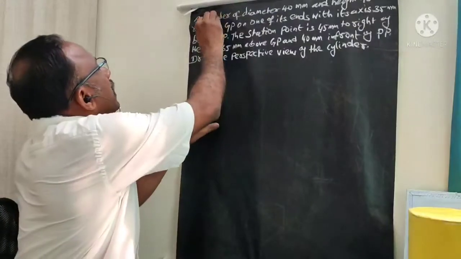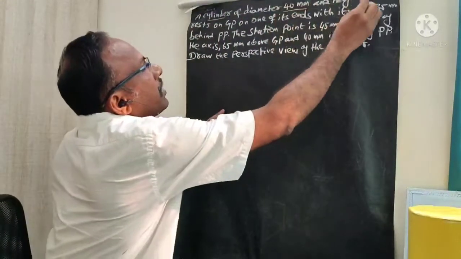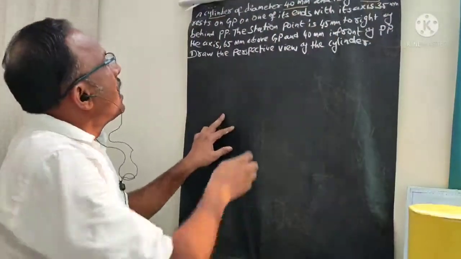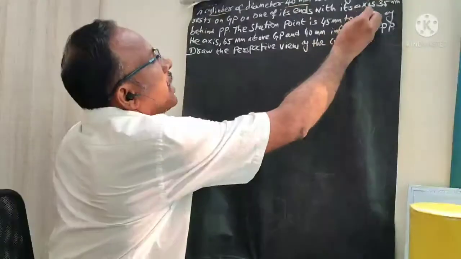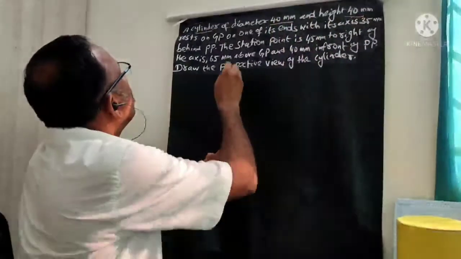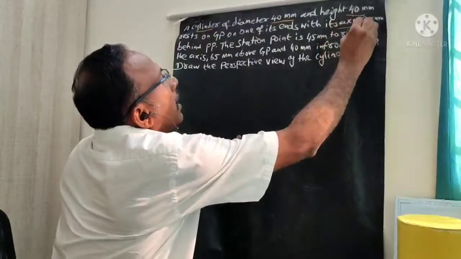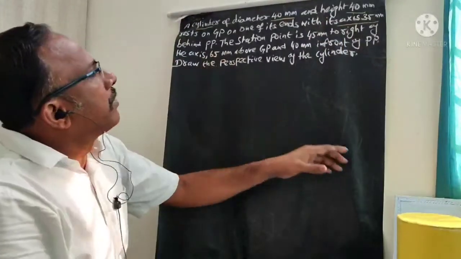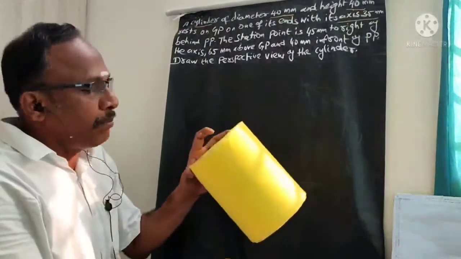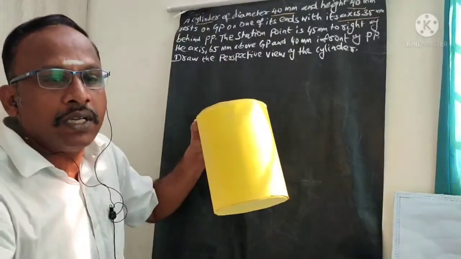Here the object is a cylinder whose diameter is 40 and height is 40. It is resting on one of its end faces in the GP, whose axis is 35 mm behind PP. So this is our cylinder.